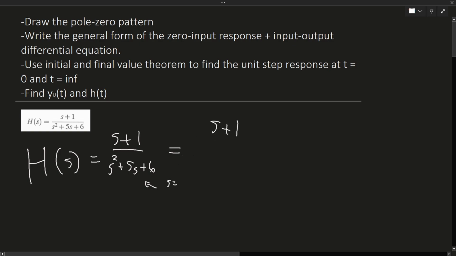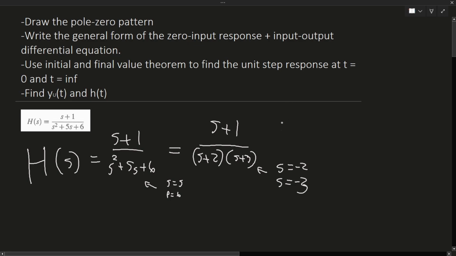Here the sum is equal to 5 and the product is equal to 6. So it's 2 and 3. s plus 2 times s plus 3. So your poles are, again, when the denominator is equal to 0. That happens when s is equal to -2 and s equals -3.